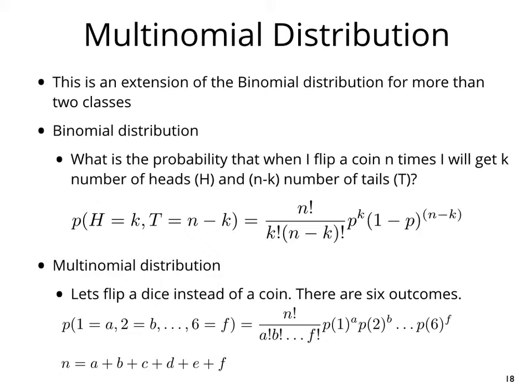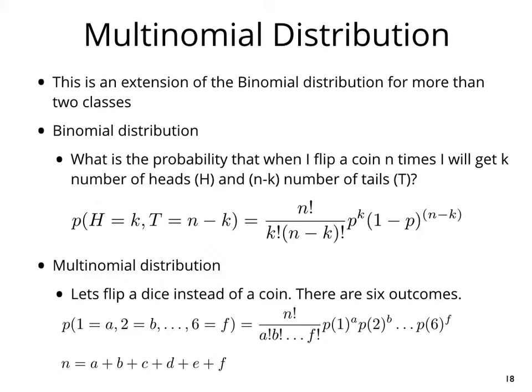So the probability of observing a tail should be 1 minus p, and we have n minus k of those terms. And the factorial terms appearing in front of these two products are the combinatorial term, the number of ways you can get k heads by flipping a coin n times.